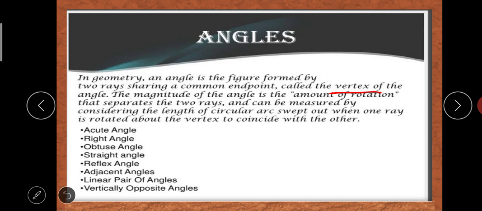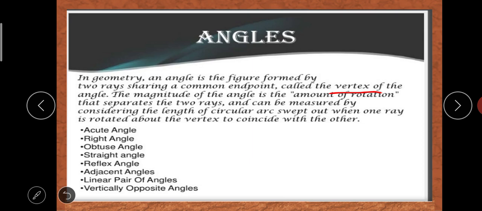The magnitude of the angle is the amount of rotation that separates the two rays, measured by the circular arc swept out when one ray rotates about the vertex to coincide with the other. So angles are formed when two rays are joined together, sharing a common endpoint.